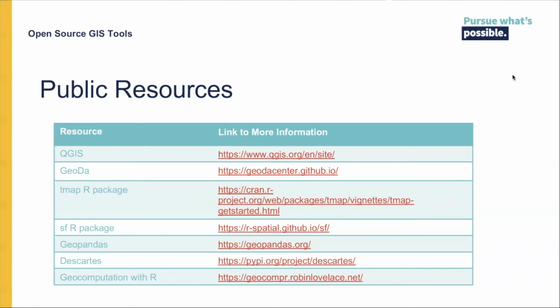And one nifty book I would like to talk about, because I saw that they're doing an update: there's a book called Geocomputation with R, which is a very extensive reference on how you can use multiple packages in R to do, they call it geocomputation, but essentially some GIS tasks.